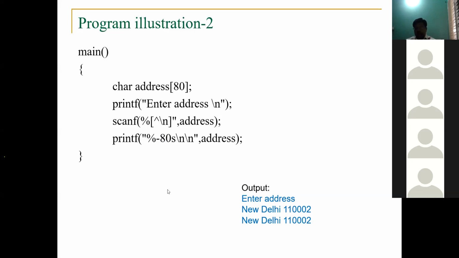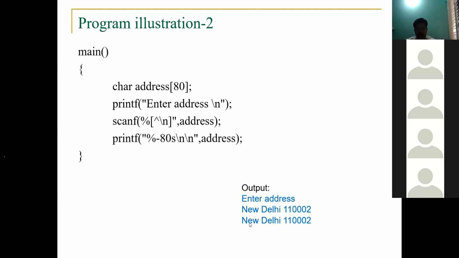It is the maximum width of the string that I can allocate for printing the string. Hyphen is left justified. If I remove this hyphen, the size of my string is 80, so New Delhi with the pin code will be right justified. So what is the size of my string?